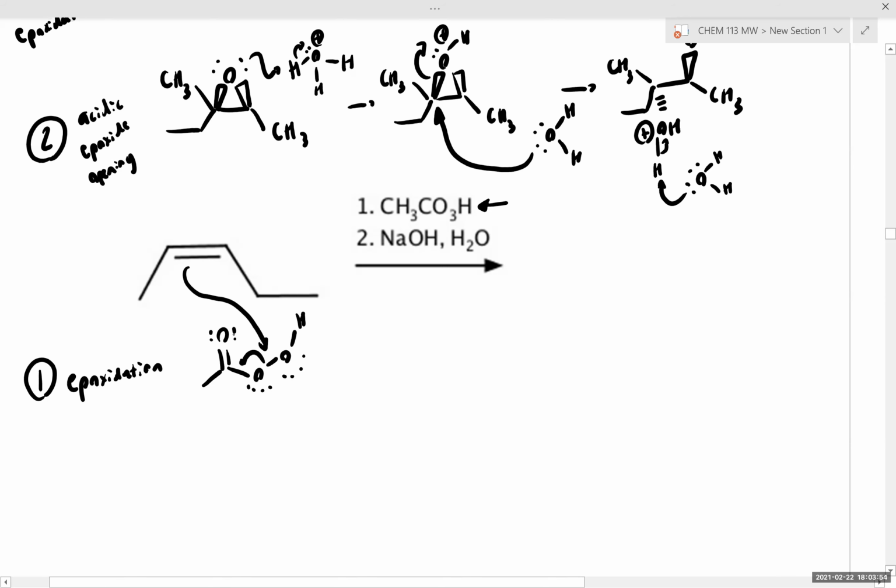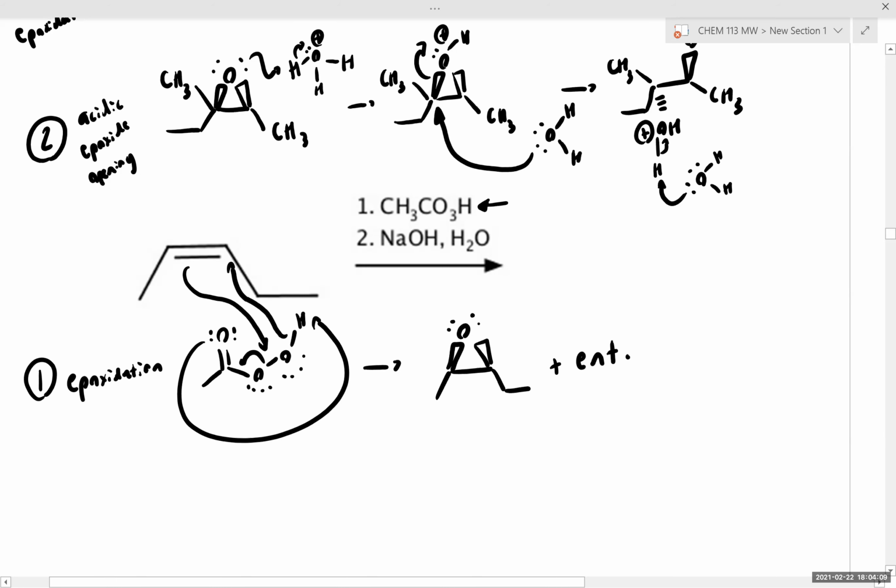Anyway, we have our same concerted mechanism, and that generates our epoxide. I'm going to draw it on the top face. It's perfectly arbitrary. And you also get the enantiomer. In this case, we are justified in writing plus enantiomer because we do have two different substituents. This epoxide is asymmetrical.